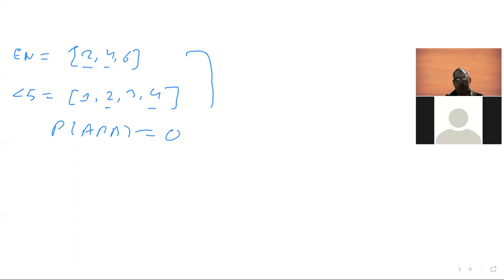Obtaining a prime number and obtaining an even number. Are they mutually exclusive? How many prime numbers are there from 1 to 6? They are three: 2, 3, 5. And even numbers are 2, 4, 6.